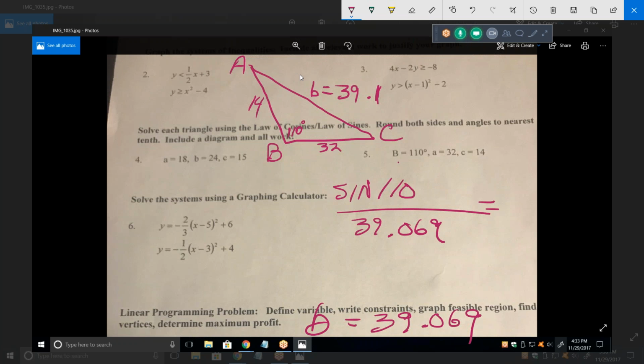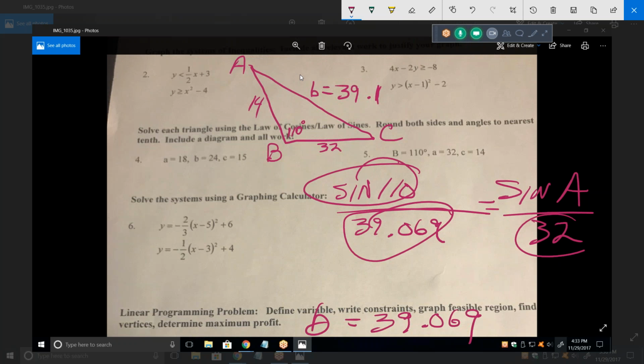I want the rest of the equation on the other side. Sine of A over 32. You can do either one. Now, that's a known, that's a known, and that's a known. So we're going to be able to solve for A here.